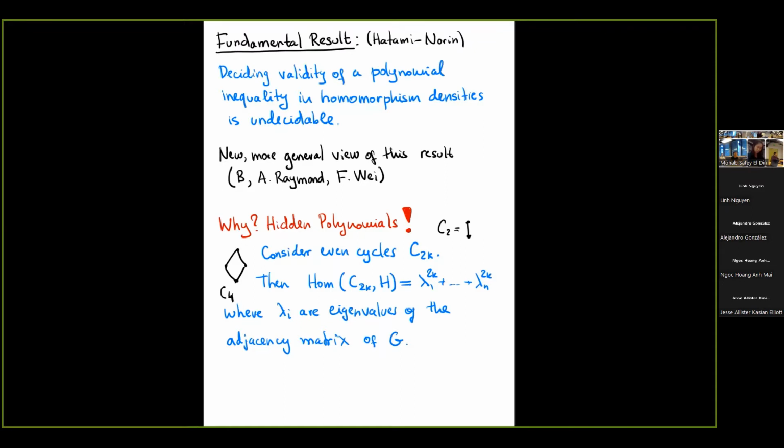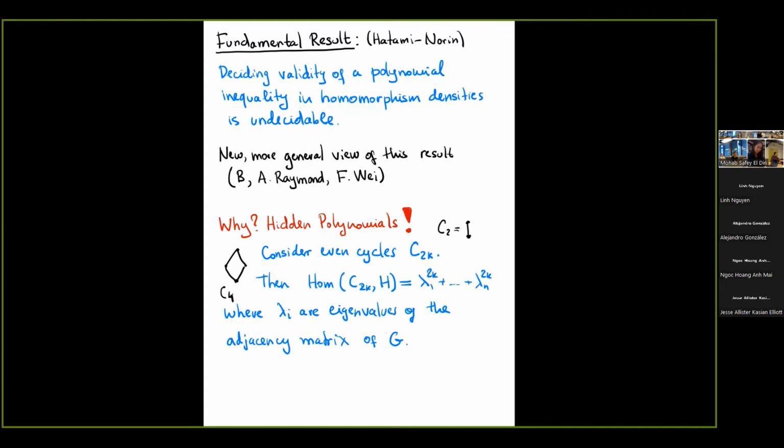And of course, the trace of A to the K is, now there is some linear algebra, the sum of K powers of eigenvalues of the matrix. I'm going to do even powers because that makes things much easier, since in the end I'm adding non-negative numbers.